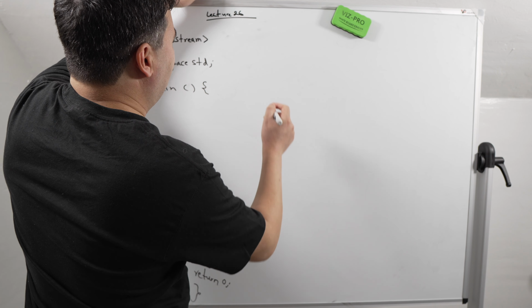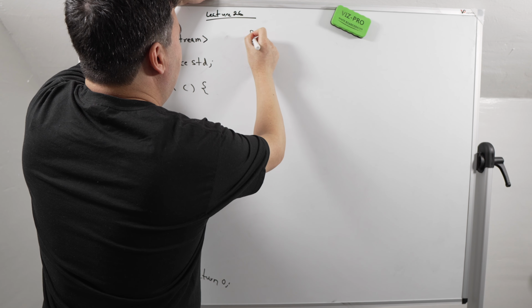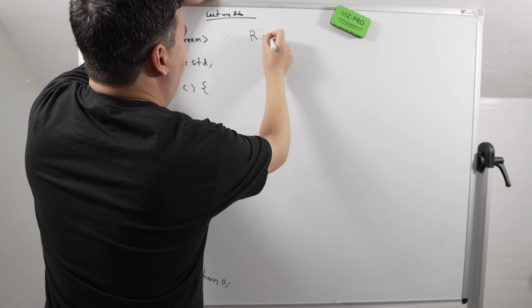Here, we ask the user to enter a traffic signal. For traffic signal, we have R for red. If the user enters R, it means red, so the program should output stop, because if the traffic signal is red, all the vehicles should stop. Then if the user enters Y, here Y means yellow.